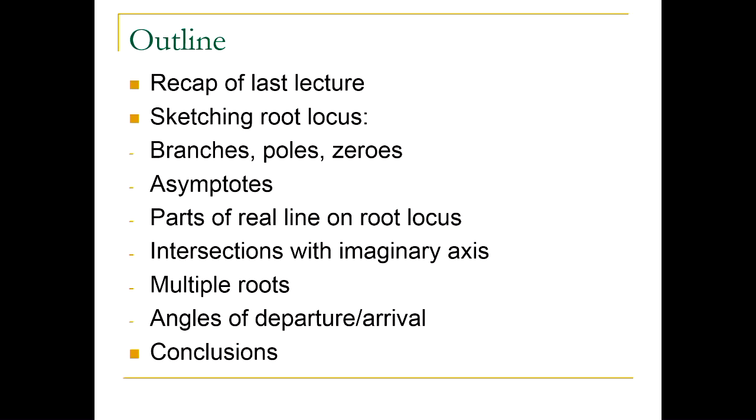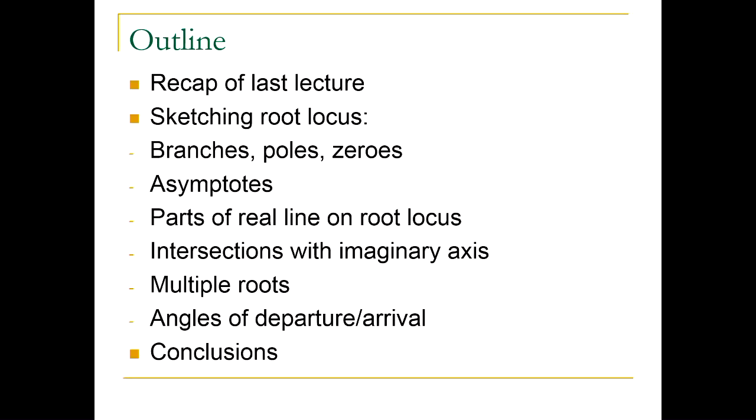And then we will go through basically the main steps of sketching root locus. So we will talk about branches, poles, and zeros, asymptotes, parts of the real line on the root locus, intersections of the imaginary axis, multiple roots, angles of departure, arrival, and then we will wrap up. By the way, in yesterday's lecture, I defined each of these, and I promised that in today's lecture we will learn how to plot these things.